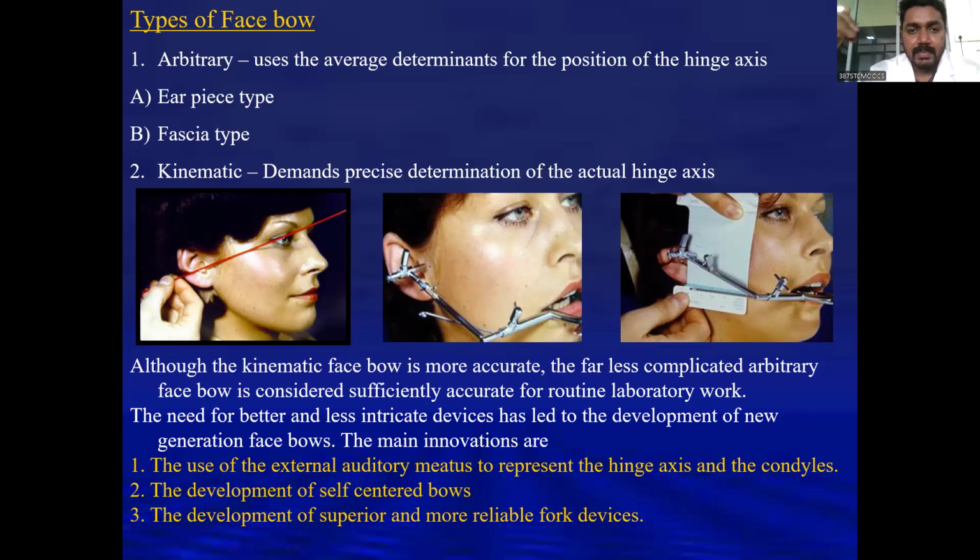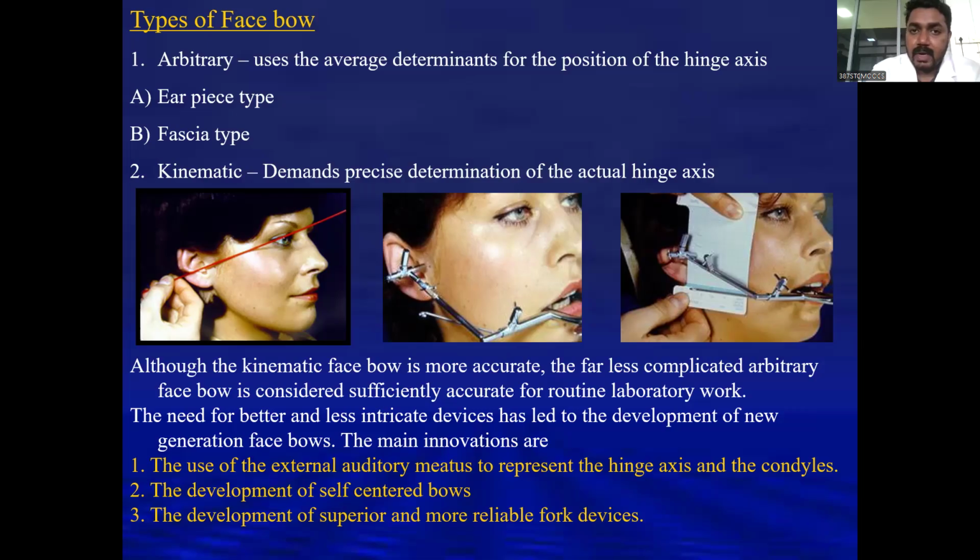In the fascia type, they take condylar rods anterior to the TMJ for locating the posterior reference points. Although the kinematic facebow is more accurate, the far less complicated arbitrary facebow is considered sufficiently accurate for routine laboratory work.